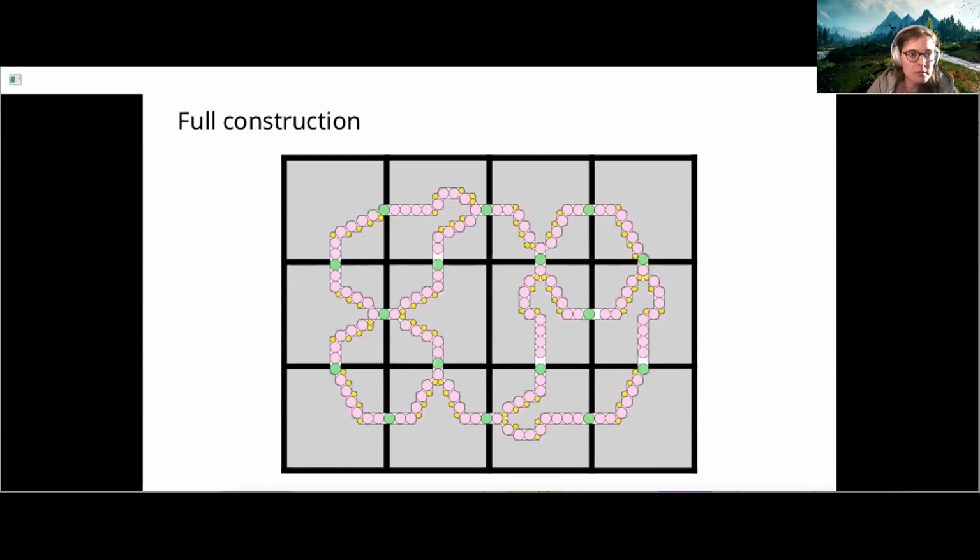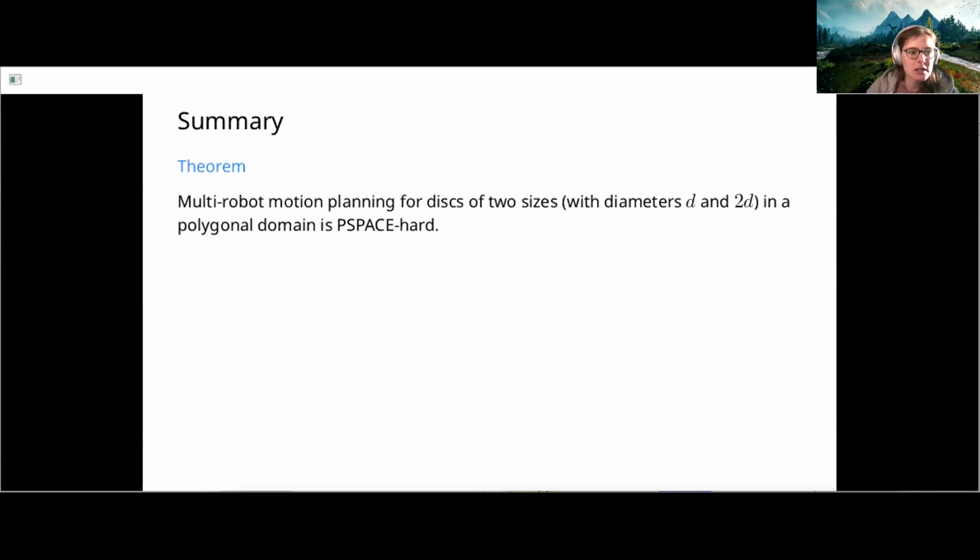Okay, so to summarize this part, we have shown that multi-robot motion planning for disks of two sizes, where the difference in sizes is a factor of 2 here, in a polygonal domain with holes, is PSPACE-hard.